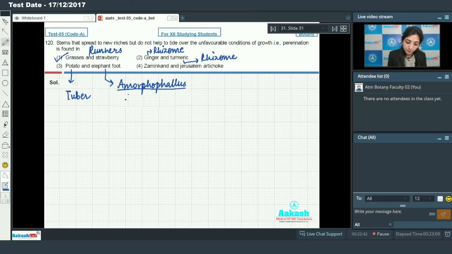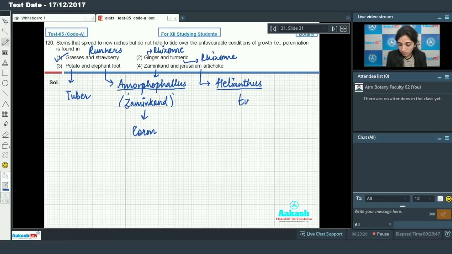Amorphophallus is jamikand, and the modification of stem here is corm. Okay. Talking about Jerusalem artichoke, it is Helianthus tuberosus, and the modification of stem in this is tuber.